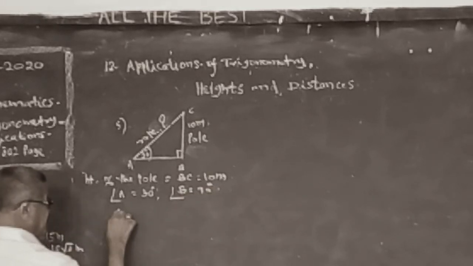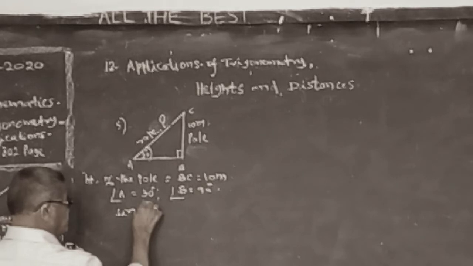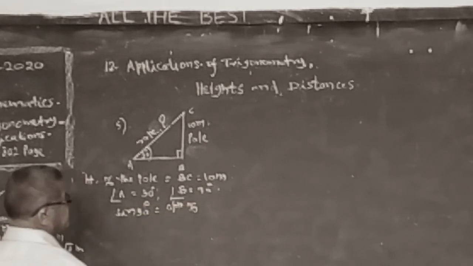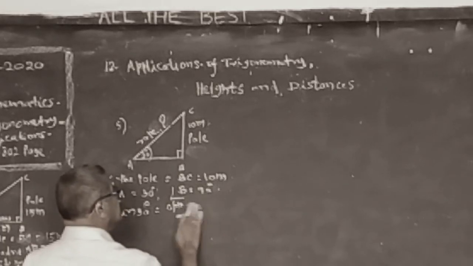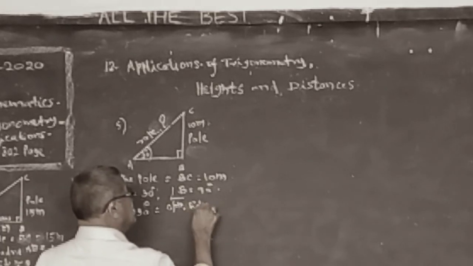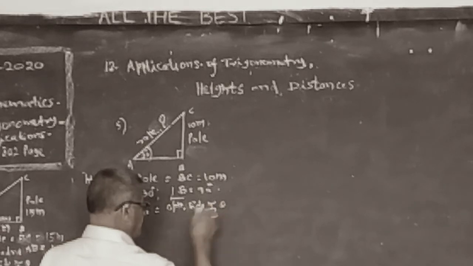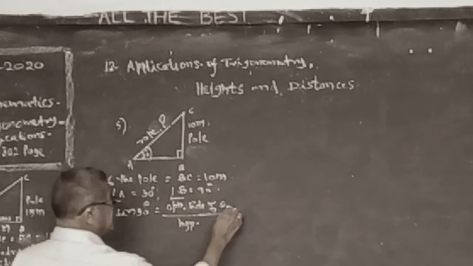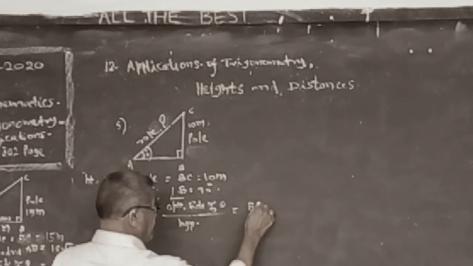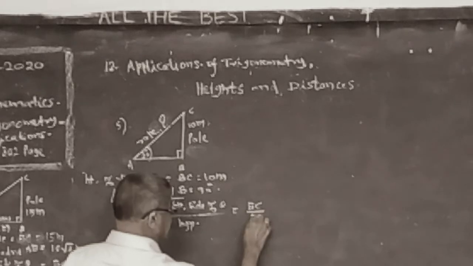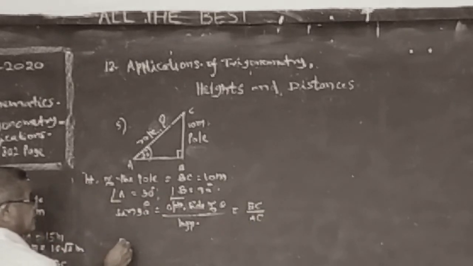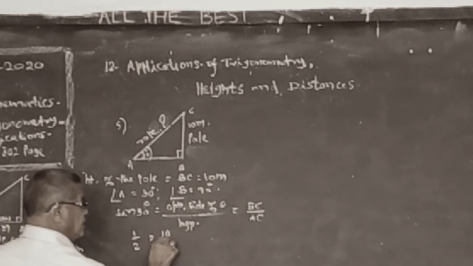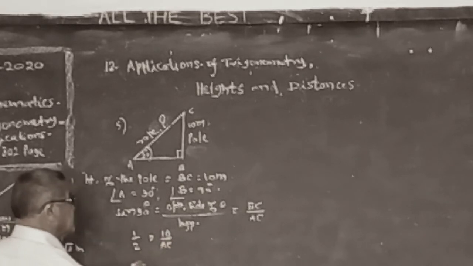Then directly write sine 30 degrees is equal to the opposite side of the angle by hypotenuse. This is BC by AC, hypotenuse. Sin 30 we know is half, BC is 10 and AC is what we need.